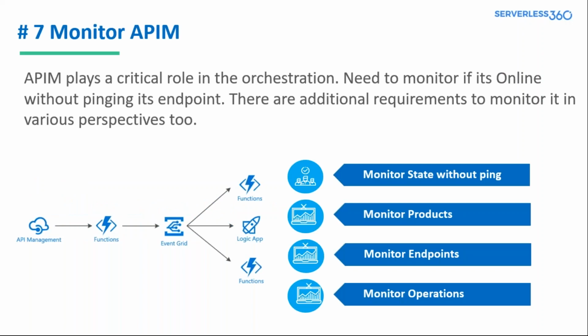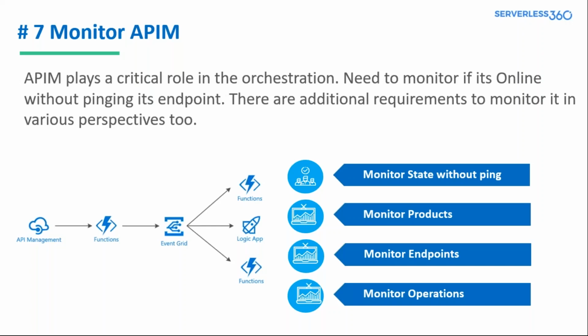APIM is our next key addition into the technology stack. The trend in the industry is that you have logic apps being exposed through APIM, you have function apps exposed through APIM, and you have custom on-premise applications that are exposed through APIM. And the need here is to monitor whether they are available without pinging its endpoint.